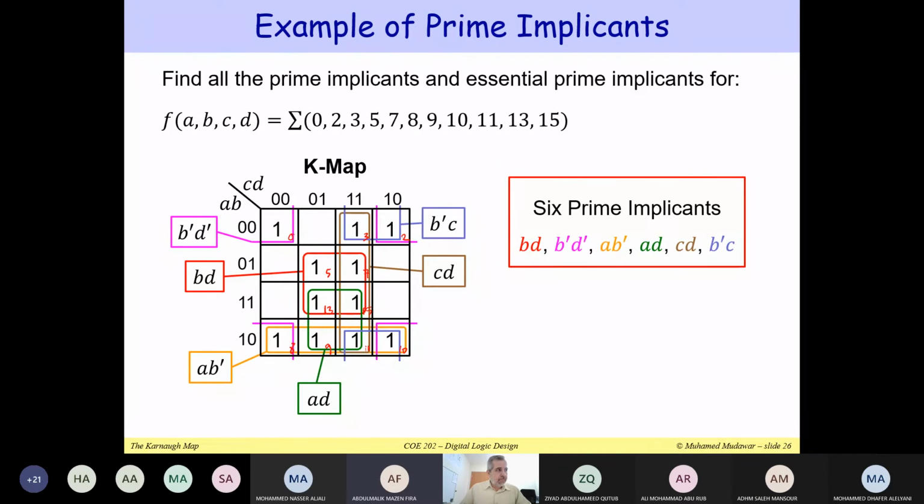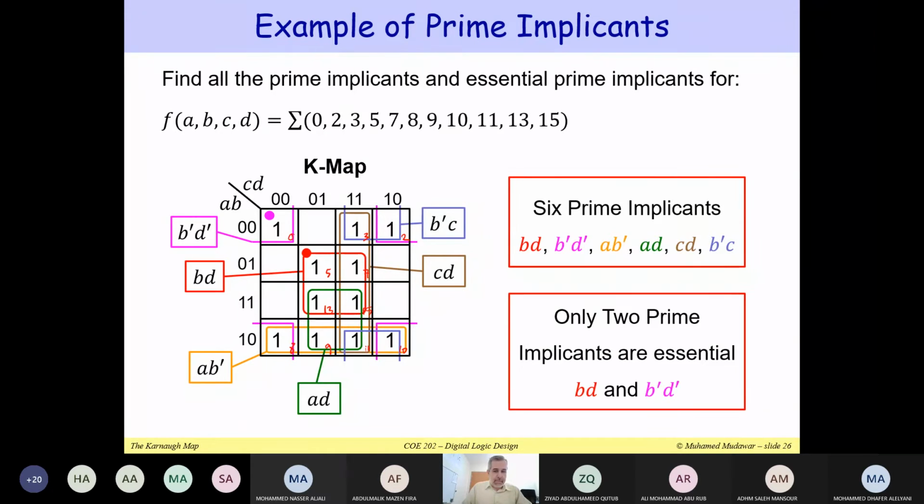It covers at least one minterm which is not covered by any other prime implicant. So which ones are essential? BD and B prime, D prime. Exactly. So we only have 2 essential prime implicants.